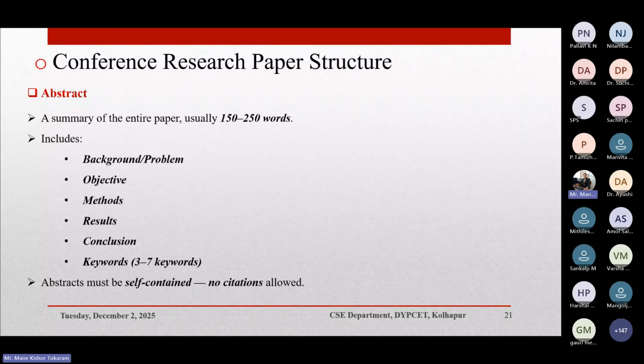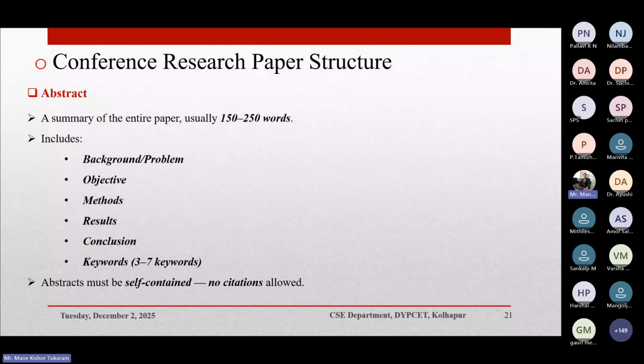Then after identifying the domain, we need to define the problem which occurred and the objective of our research work. After writing the objective, we need to write 2 to 3 lines related to the research methods which we apply on that problem, so that we can fulfill the research.